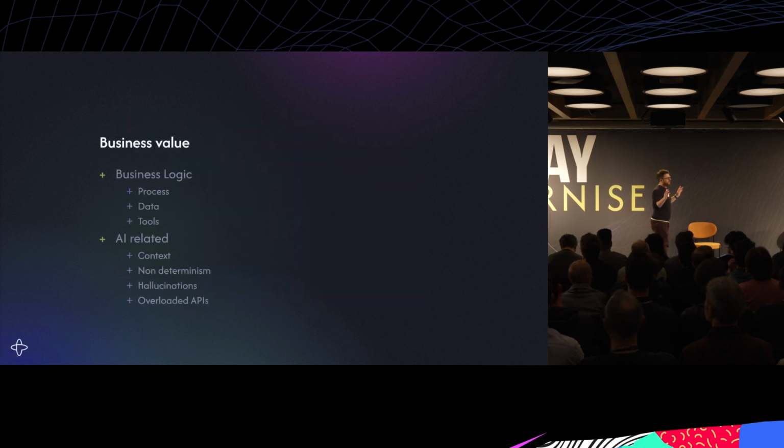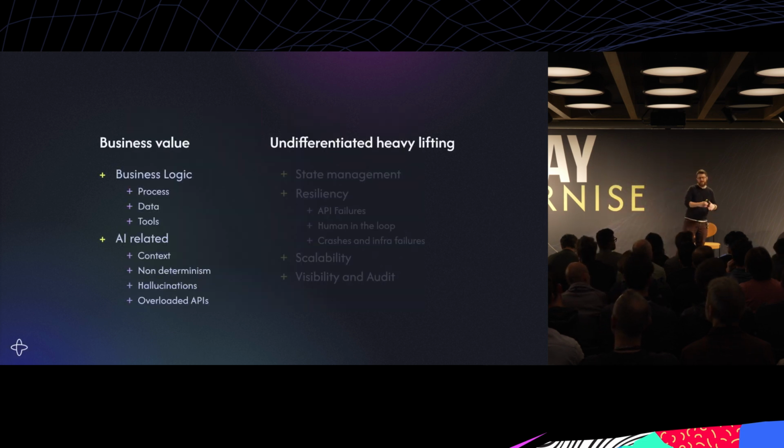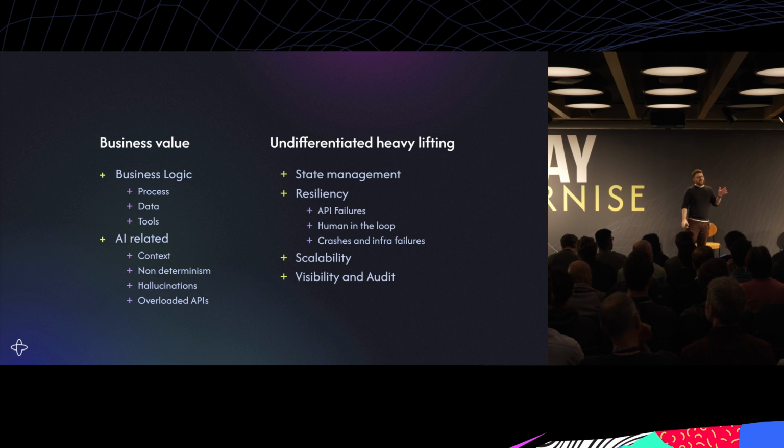If I leave you with any message today, and this is the second last slide, so don't worry. Well, message number 1 is probably what the heck was that demo. But the second message is it's important to focus on the business value of your app, and not do the undifferentiated heavy lifting. That's especially important for AI because your business becomes reliant on AI, and AI can be weird.